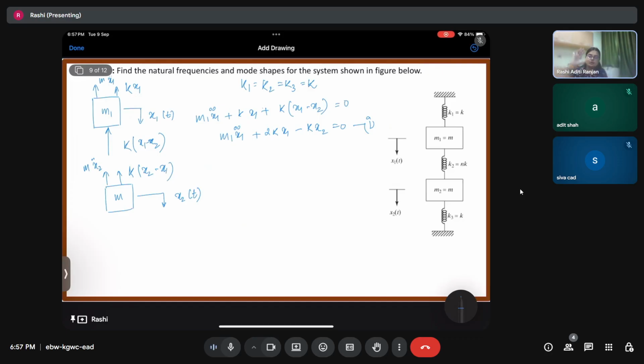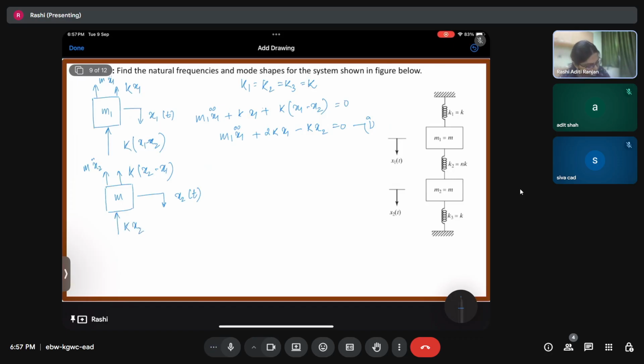Again, I would like to point out that k (x2 minus x1) acts in the upward direction, because for mass m1 we have a force k (x1 minus x2) acting in the upward direction. So its reaction is going to be in the downward direction, equal to k (x1 minus x2). If I take the negative and change the sign, it will go in the upward direction by the amount k (x2 minus x1), and a spring force k x2.